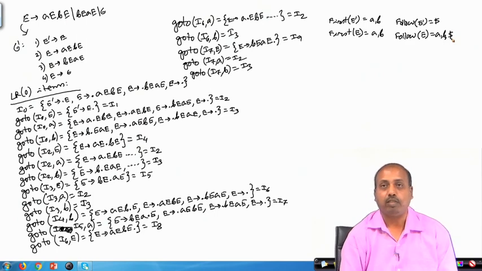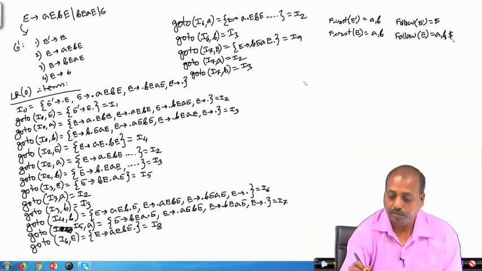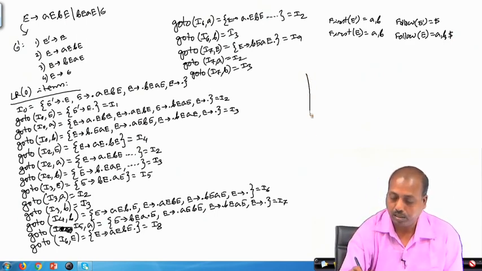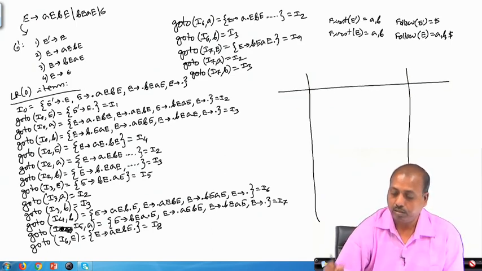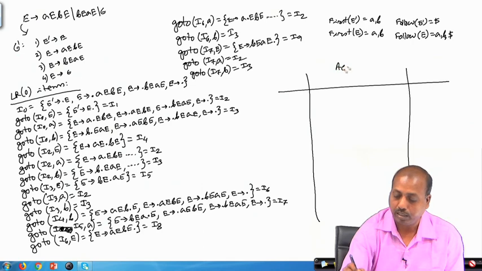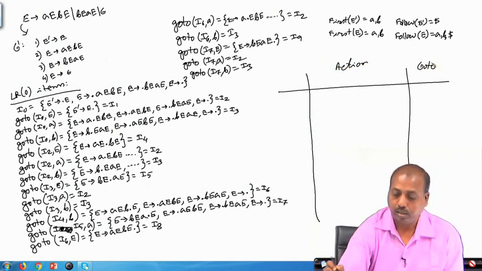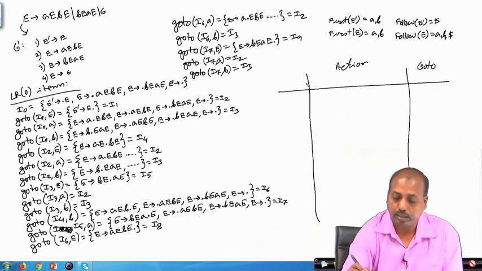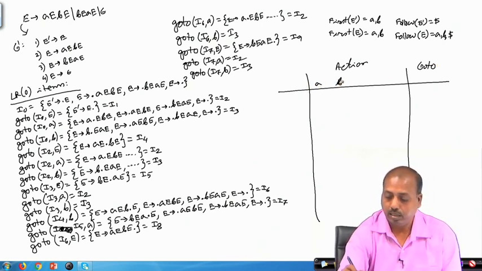After this, we try to construct the parsing table for this particular grammar. Okay. So, SLR parsing table. So, this will have this action part and the go to part. So, I have got the symbols A, B and dollar.